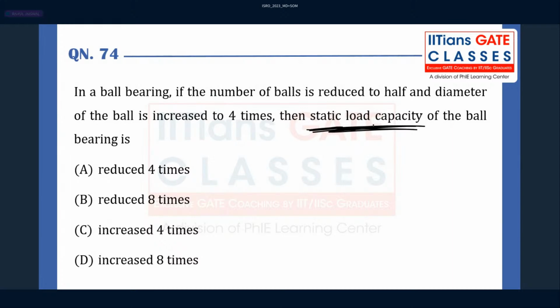Now, note down the Stribeck equation. What is the Stribeck equation we have?